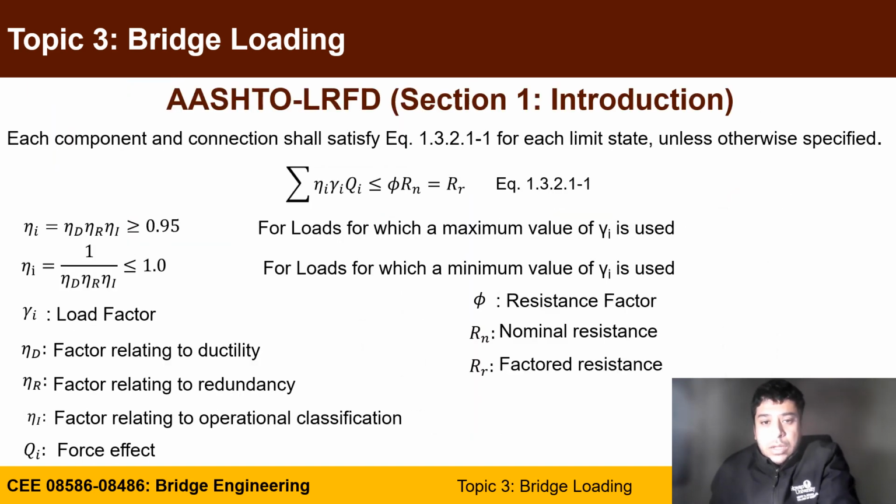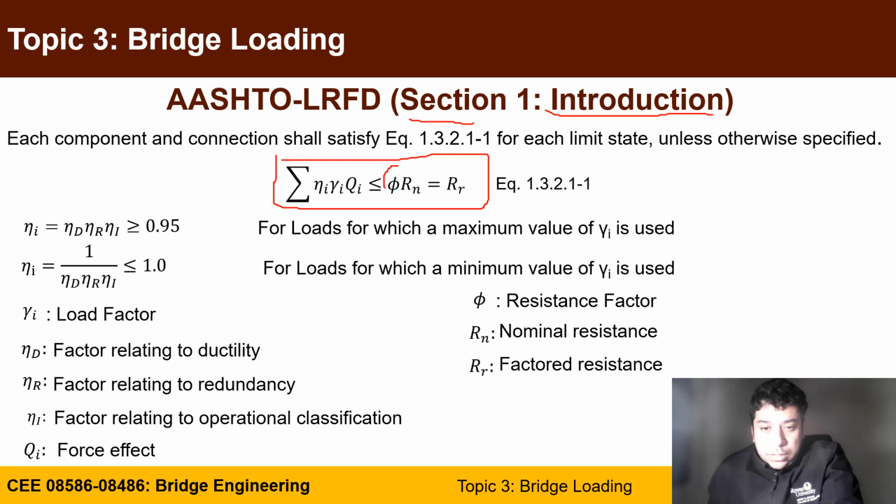We are now moving to section number 1 from AASHTO, which is the introduction. In section number 1, we are showing the main equation that we always talk about. Q R n is the resistance side, and somehow called R r.